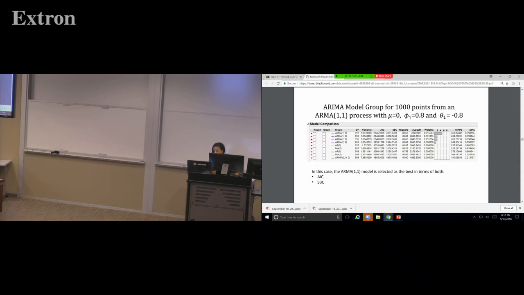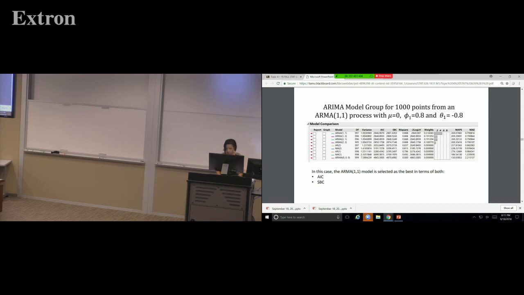The AIC weight can be interpreted as the probability that a particular model is the true model, given that one of the fitted models is the true one. Therefore, the model with the AIC weight closest to 1 is the better fit. But in general, I just wanted to say that AIC weights are not what we normally use as our norm for deciding on a model. So that's not a traditional way of looking.